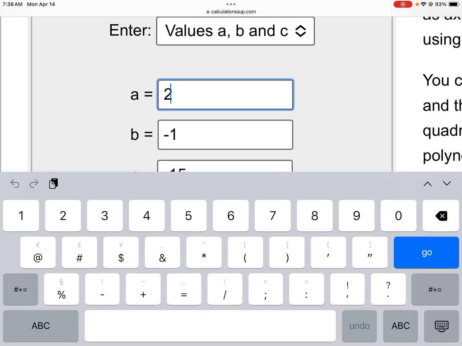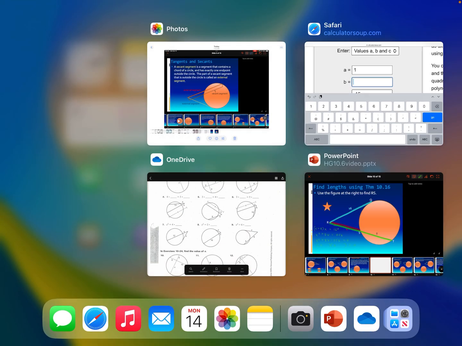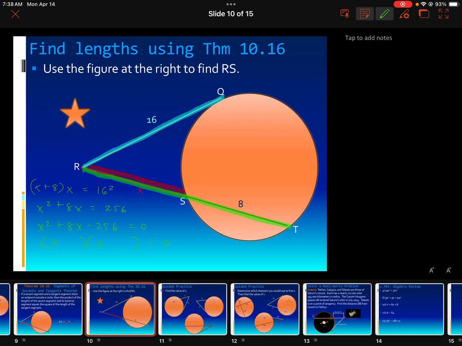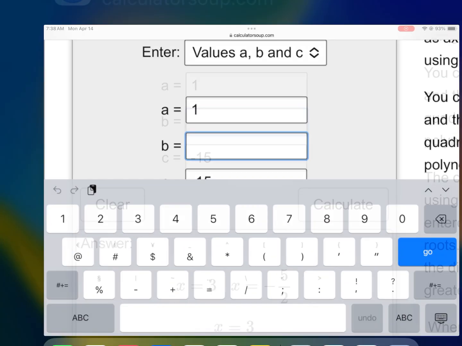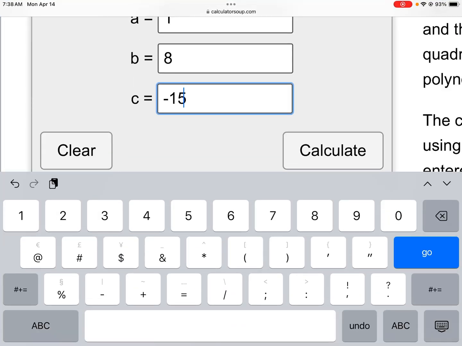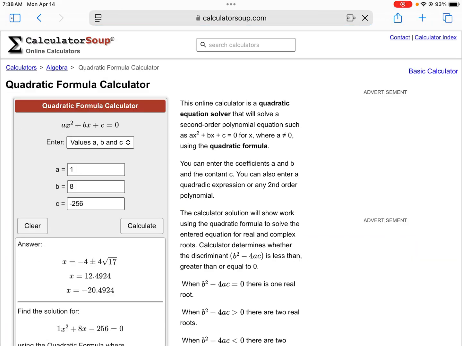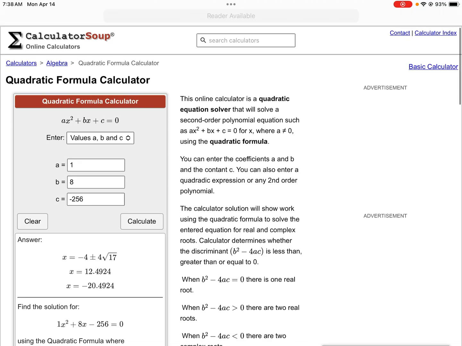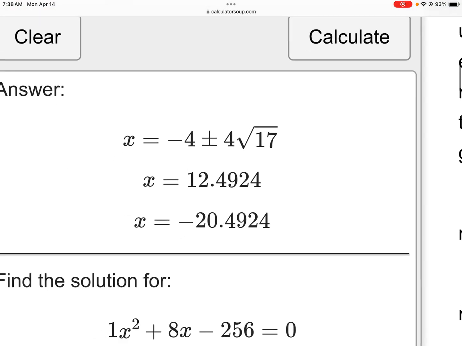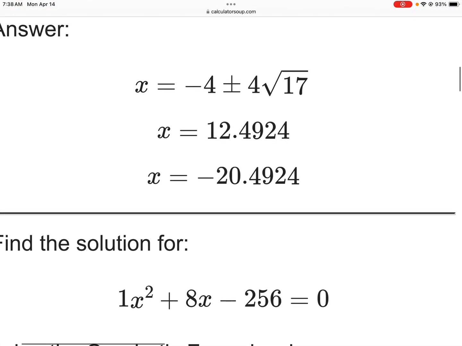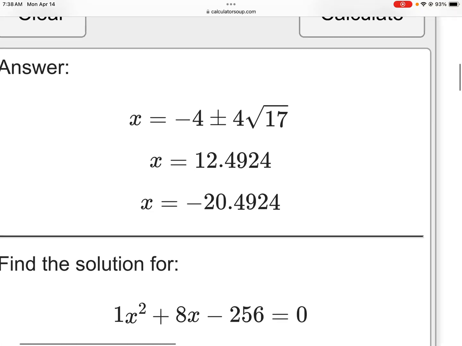All right, so my A value was 1. My B value was 8. And then my C value was negative 256. Okay, so good thing I didn't spend a lot of time trying to calculate that.